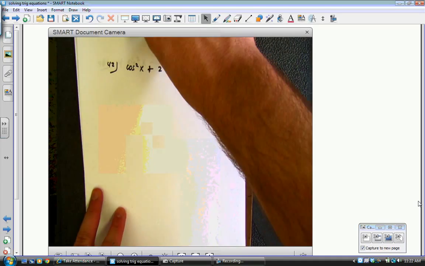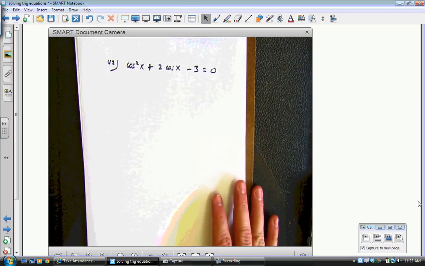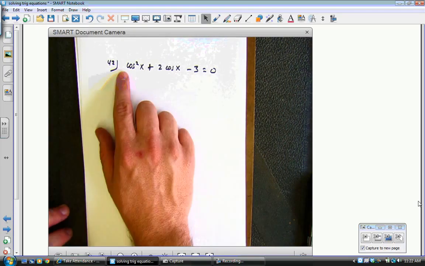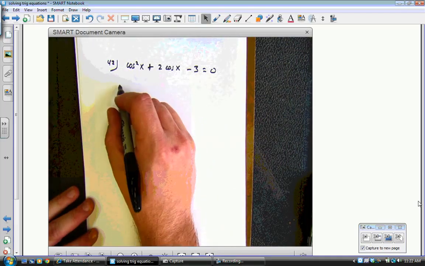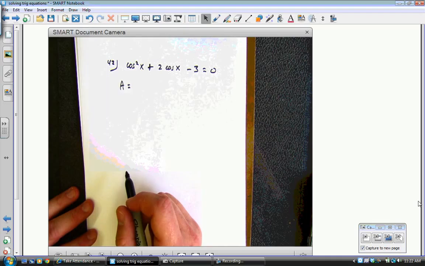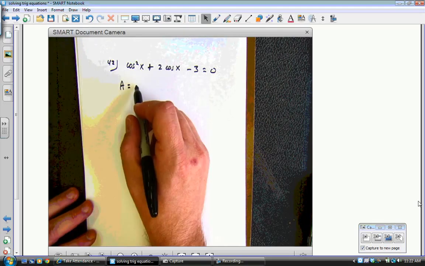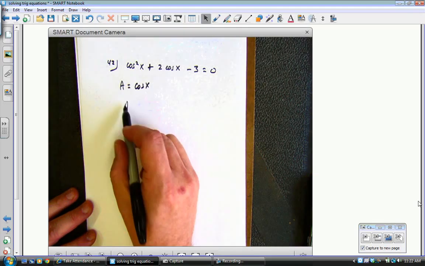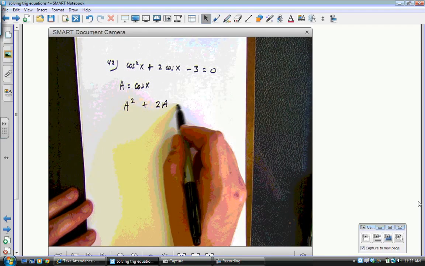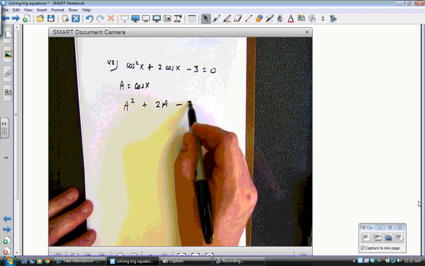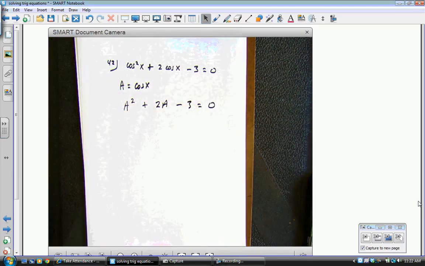On 42, what do you notice about this one that's going to be a little easier here? Yeah, no leading coefficient, so you don't have to split and group. Now, let's do our substitution thing. We're going to let a equal cosine x. That'll make it say a squared plus 2a minus 3 equals 0.